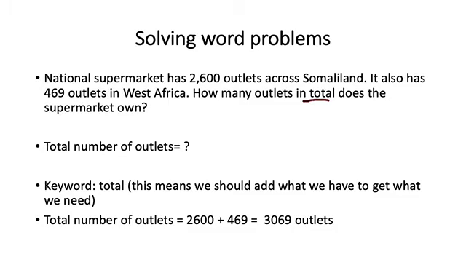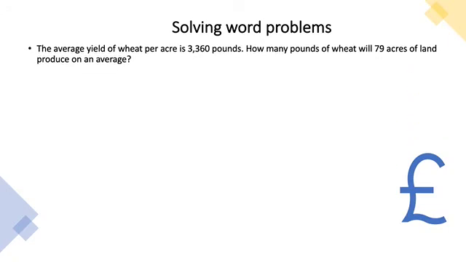Let's solve more examples. Remember, our first step is to read the question entirely. The average yield of wheat per acre is 3,360 pounds. How many pounds of wheat will 79 acres of land produce on an average? The second step is to figure out what you need but don't have.